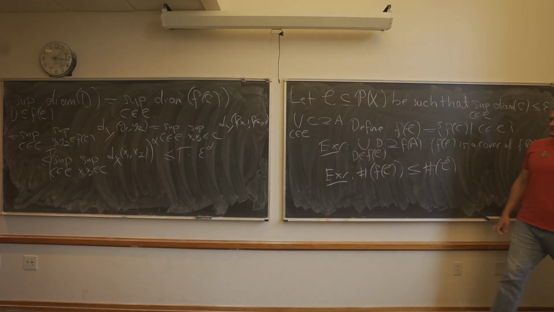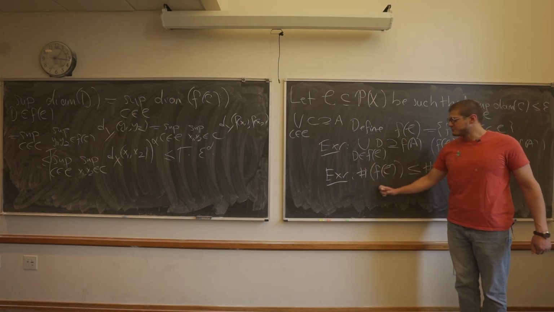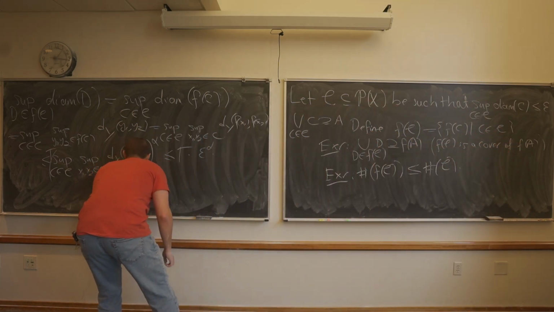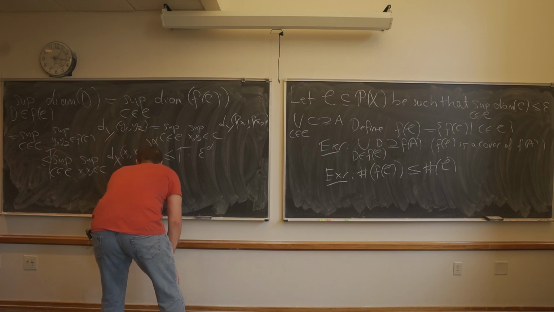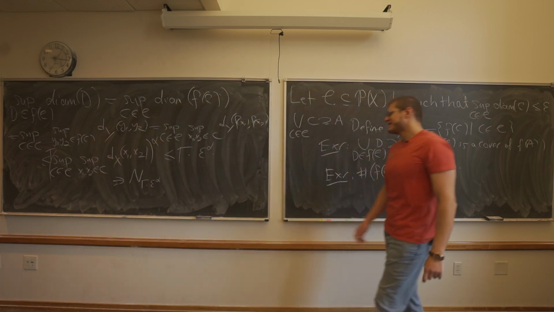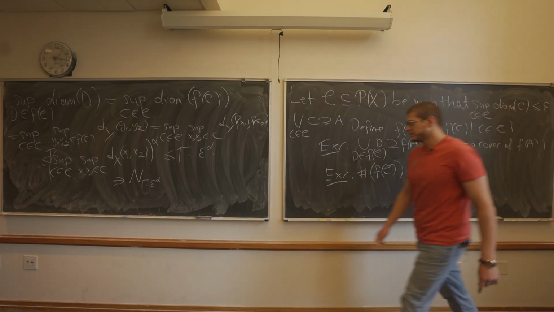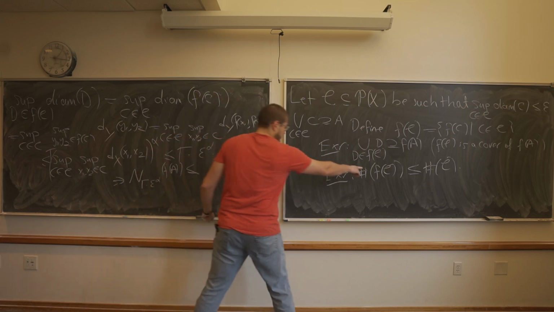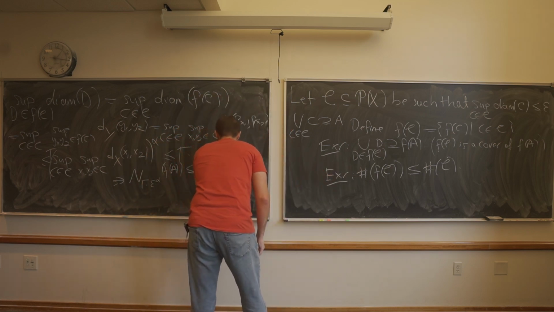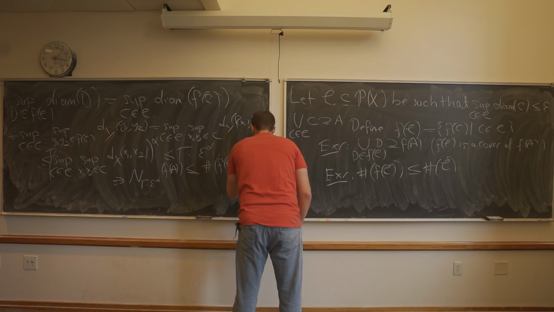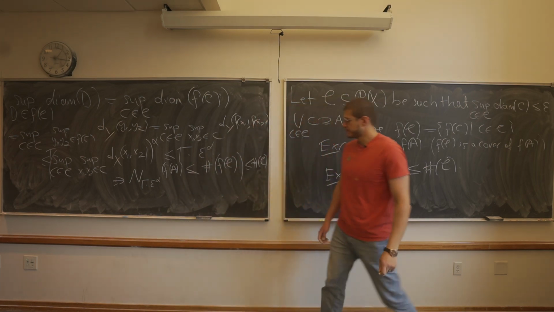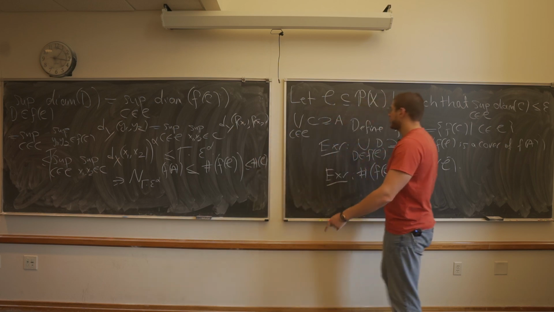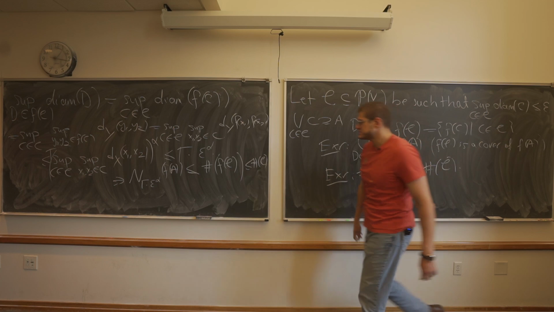Which means this number bounds from above the N sub gamma times epsilon to the alpha of the image. But then if I take the min over all C's, this is going to give me N sub epsilon of A, because I chose the collection C so that that works.